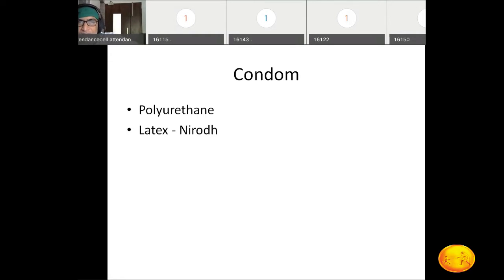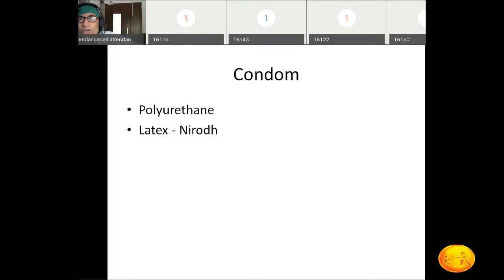Those condoms are generally made of latex material, and another one is polyurethane. What is the Nirodh available through the government of India supply? That is of rubber latex.